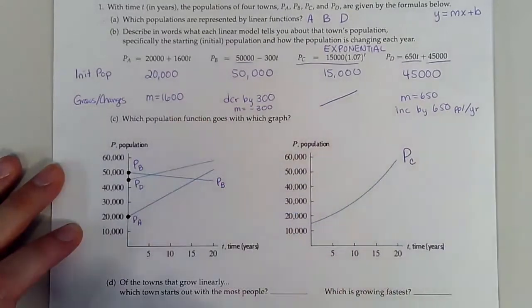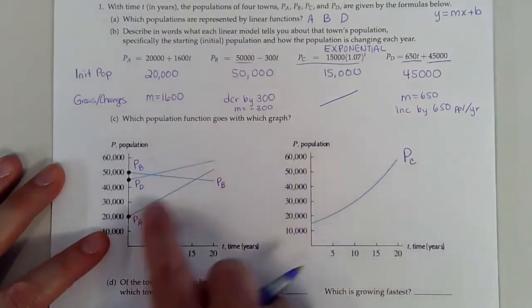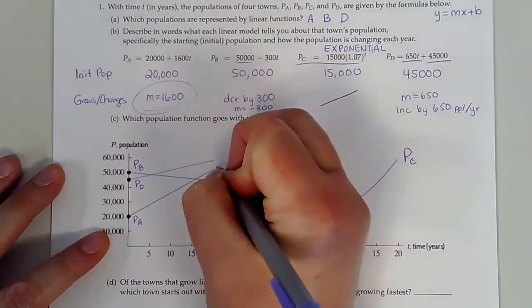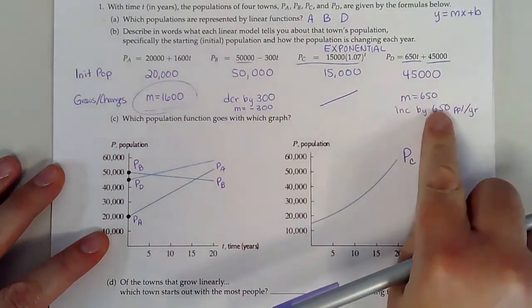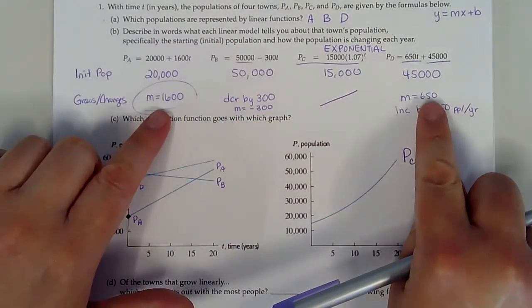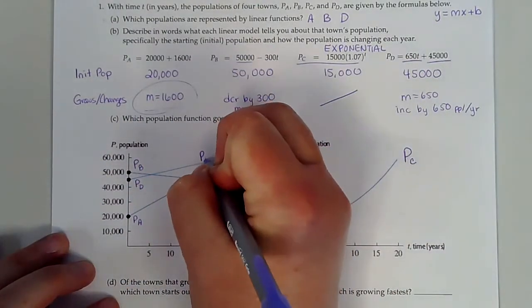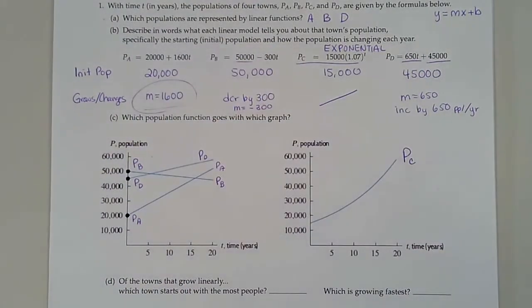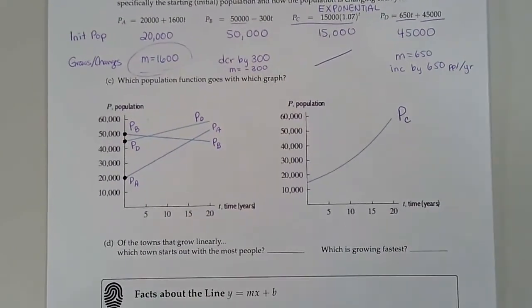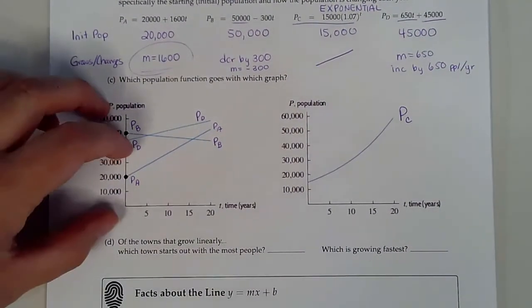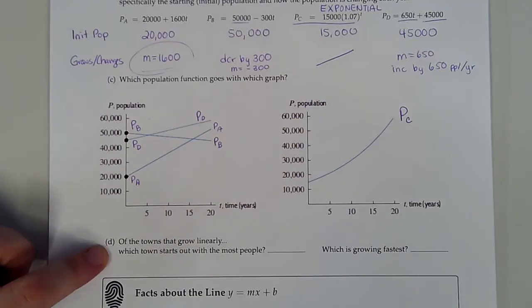This one looks like it's growing a little steeper, and that 1600 is bigger than the 650. These are the only two positive ones. So that would tell me that this is A, and that makes this one D because it's not growing quite as fast.